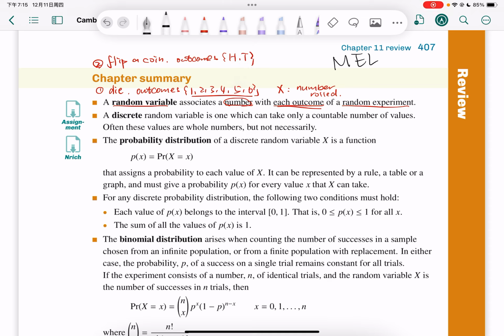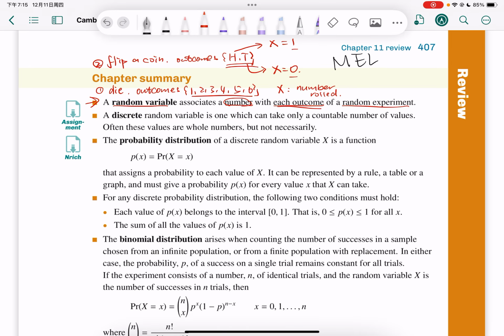We assign, if it's head, let's say x is equal to 1. If it's tail, then x is equal to 0. So that's how we associate a number with the physical outcome, and that's how we define the random variable x.